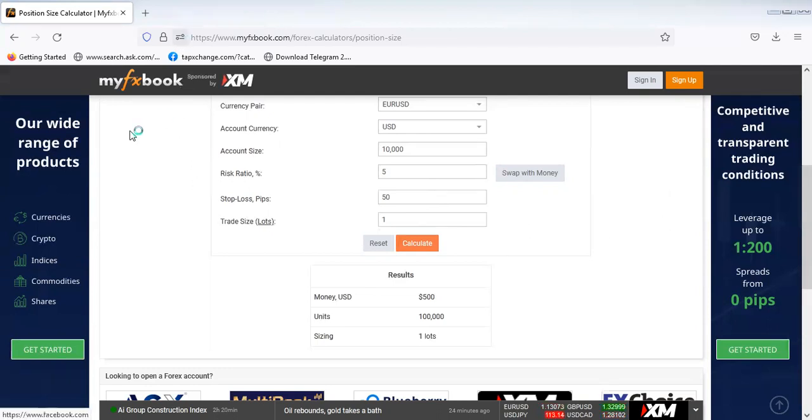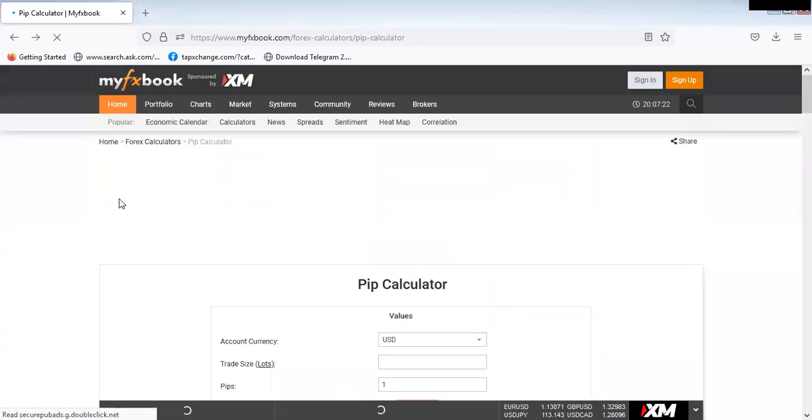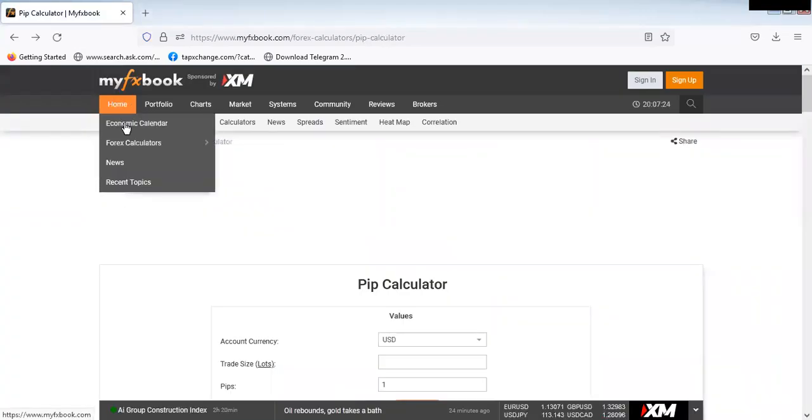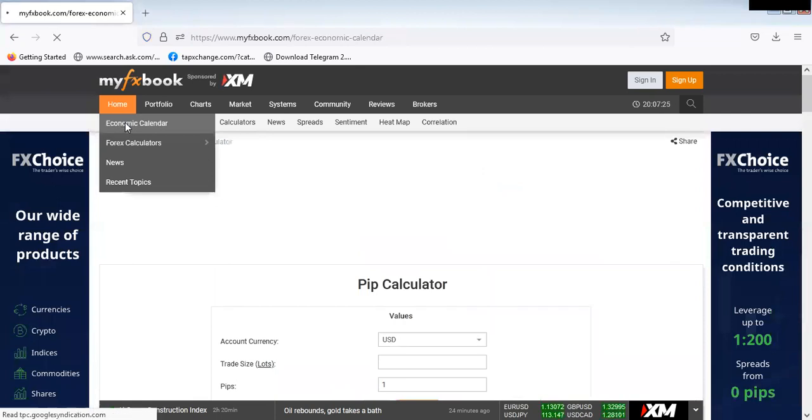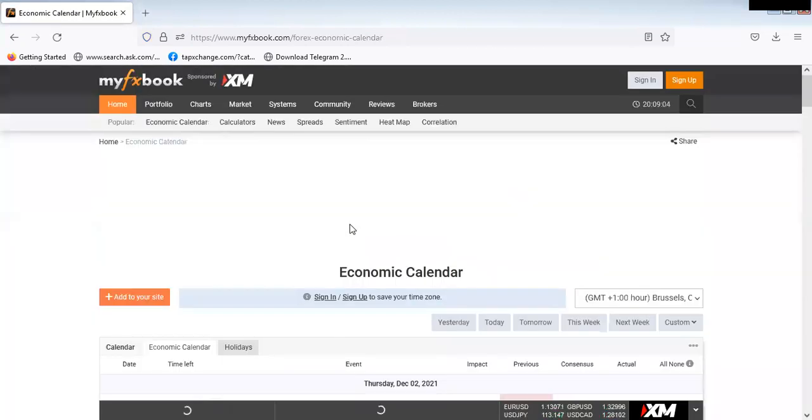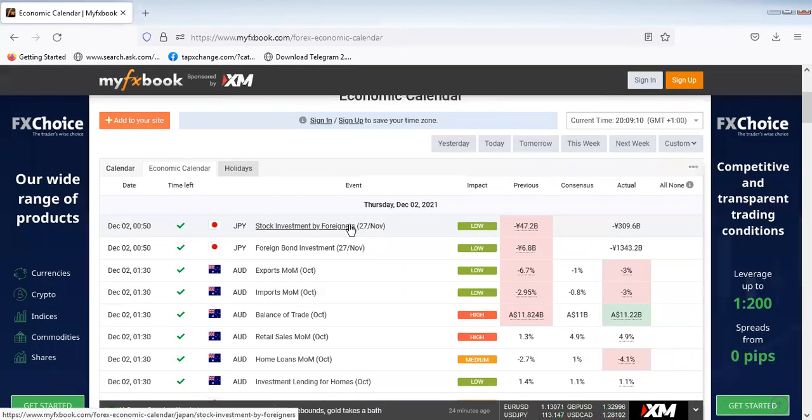On my FX book, you can also check for the economic calendar. How do you do that? Go to home, click on economic calendar. Once that is done, you can see the updates of prices. People call this news trading.